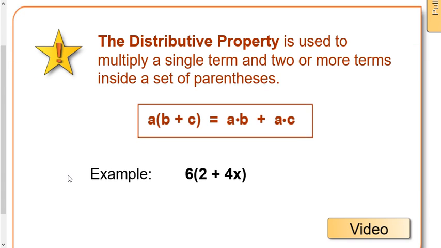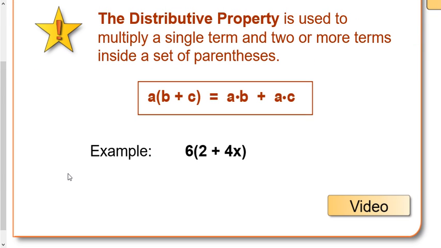Okay, so here's the distributive property written in math form. I'm going to get out my highlighter so I can show you how this goes. If we've got a set of brackets with some stuff inside, and we've got a number out front, let's say we've got a B here and a C here and an A out front.